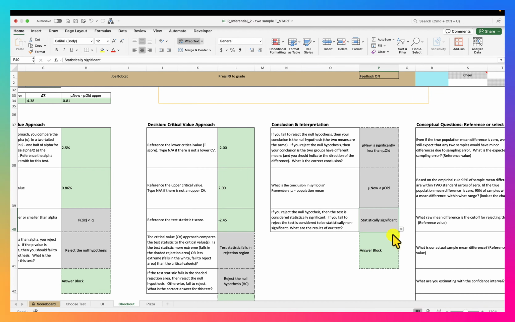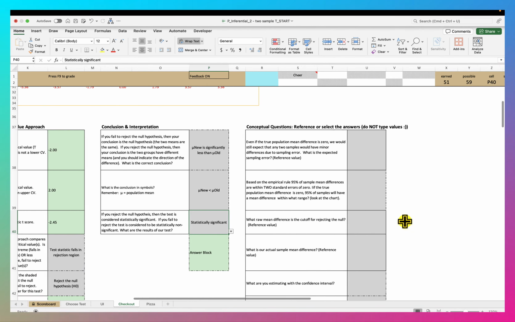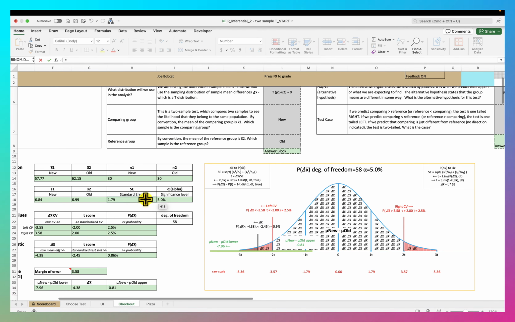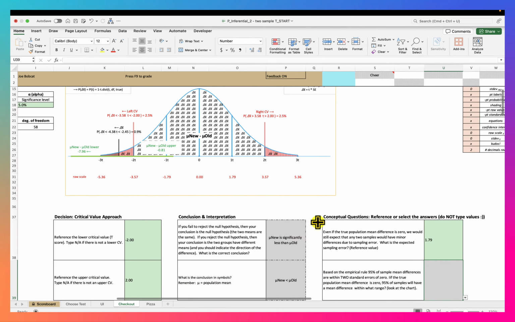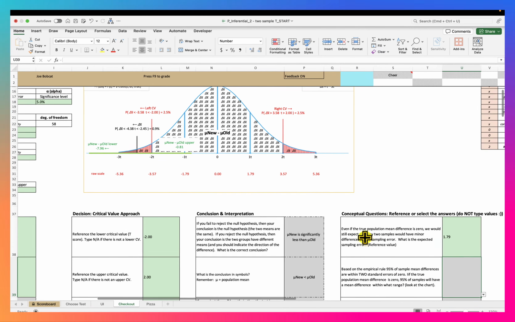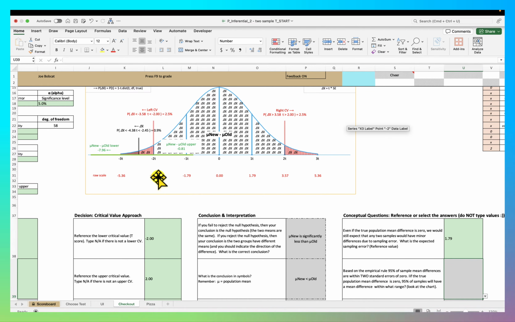And that's statistically significant. Our standard error, our sampling error, 1.79. And the 95% empirical rule would be from negative 3.57 to 3.57.